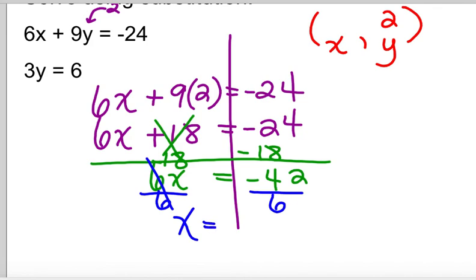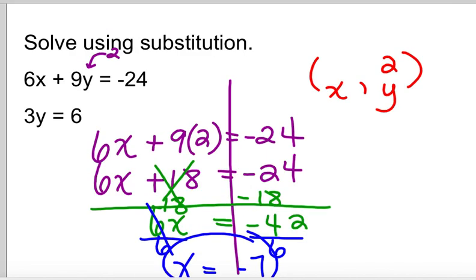And negative 42 divided by 6 is negative 7, kiddos. We have the other half of our answer. X is negative 7, and y is positive 2, which, believe it or not, if you were to take a negative 7 and put it here, and a positive 2 and put it here, and do the math, it would work. It would actually work.